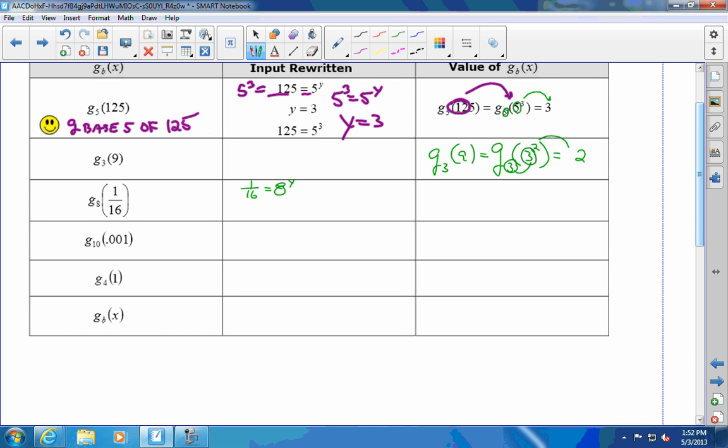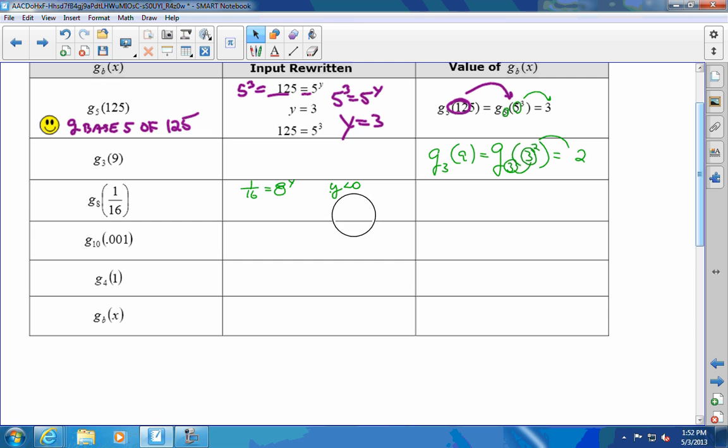Now, the minute you see 8 to some power and you get a fraction on the other side, what does it tell you about the value of your exponent? It's negative because you're going to be making a reciprocal here. So the minute you look at this, you say, okay, I'm going to be looking for y as a negative exponent. So before you even start doing any mathematics, at least you know part of your answer.